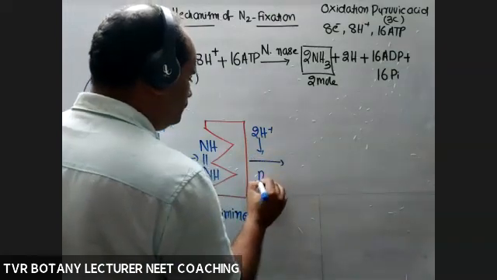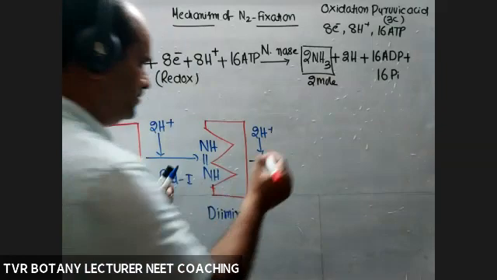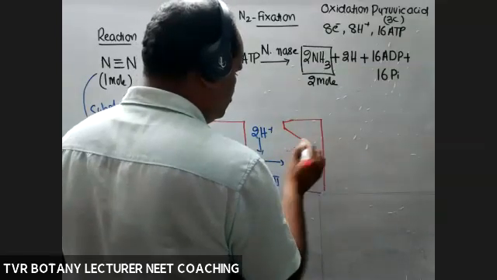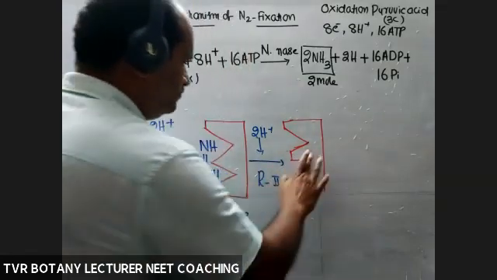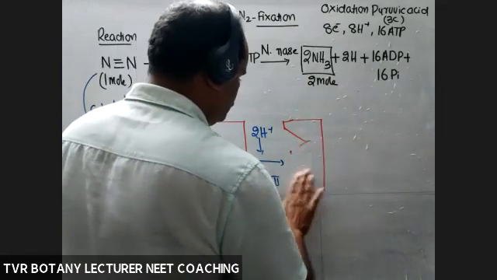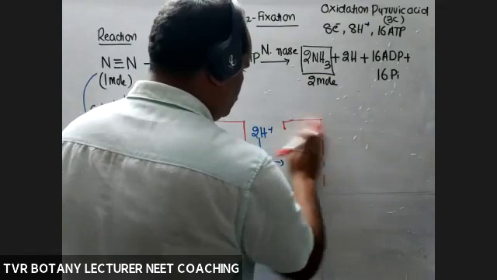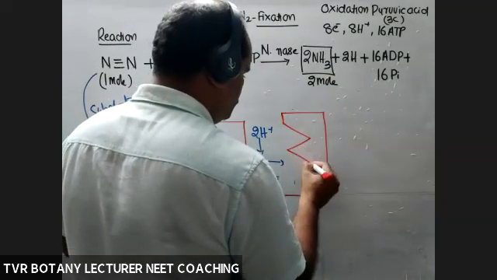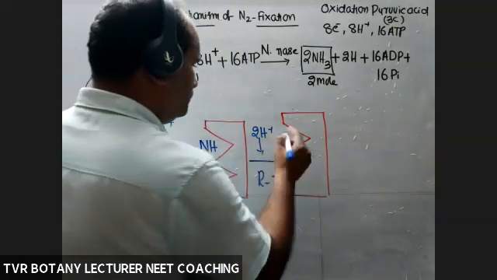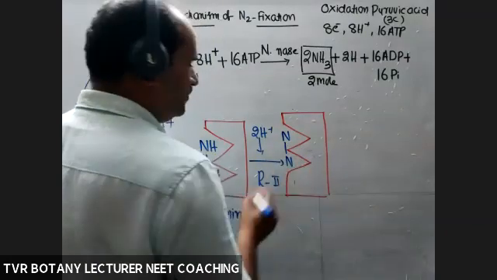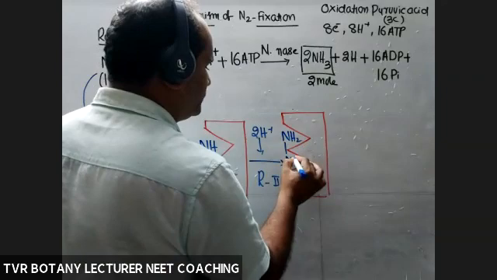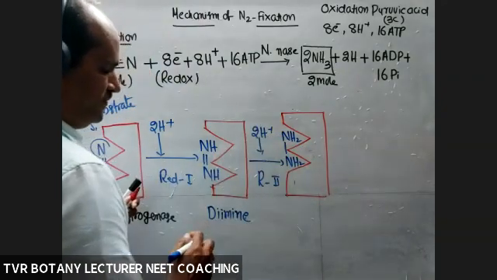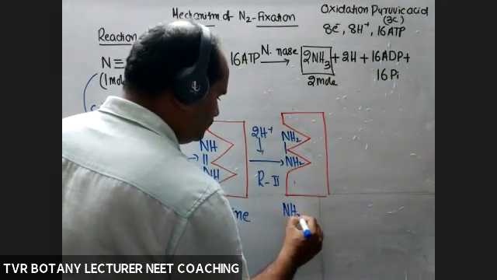Second reduction. Now nitrogen, single bond, nitrogen, with each nitrogen atom taking one more hydrogen: NH2 bond NH2.